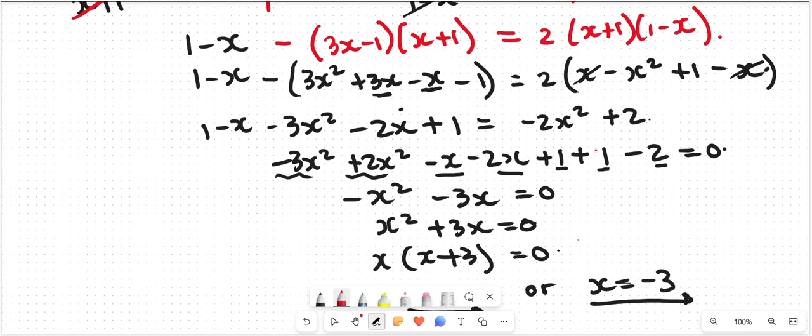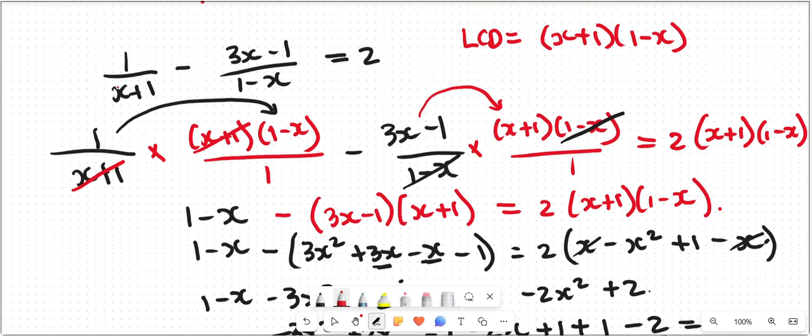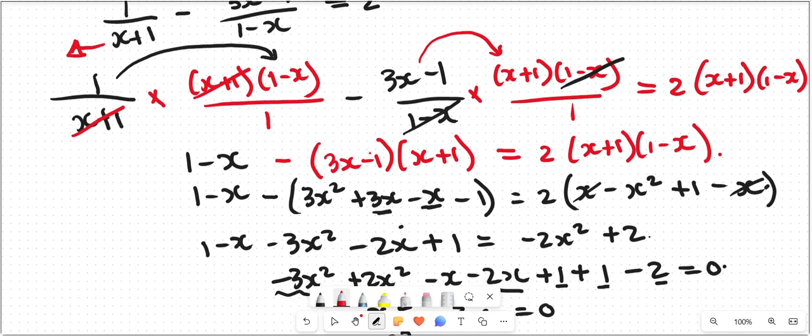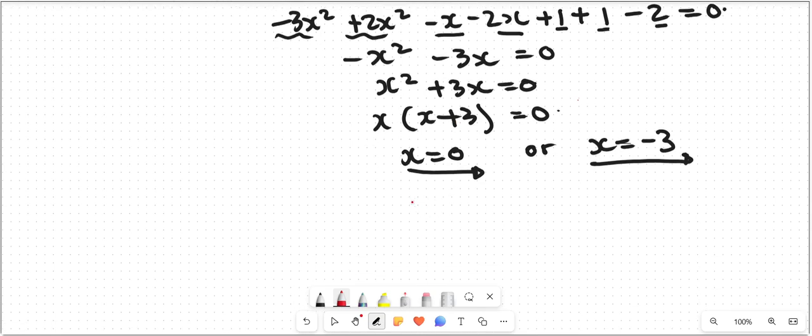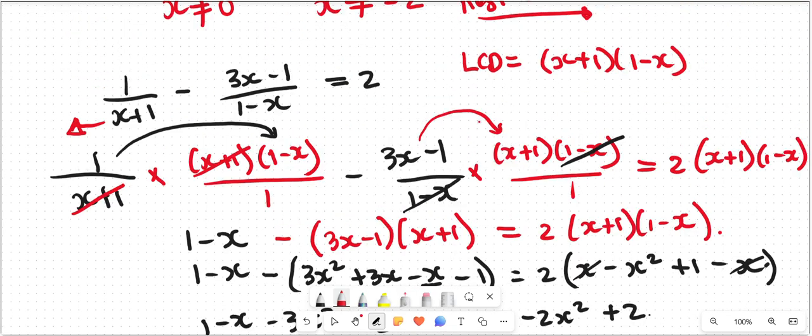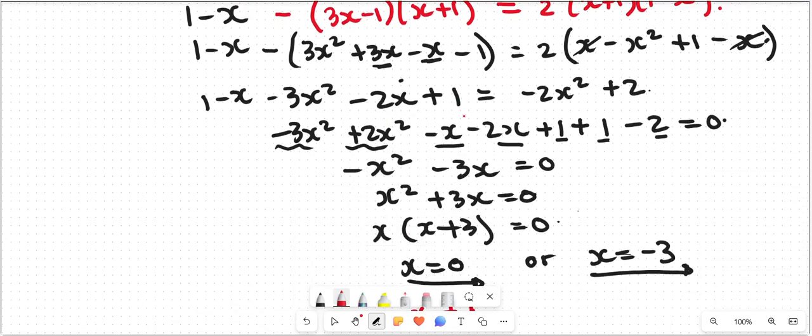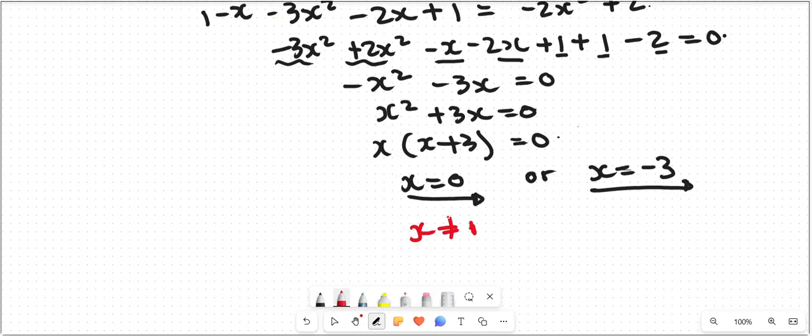But again, my restriction. So for this fraction, my restriction will be x cannot be equal to 1. And for this restriction, it will be that x cannot be equal to a positive 1. Oh, sorry, this should be x cannot be equal to a negative 1.